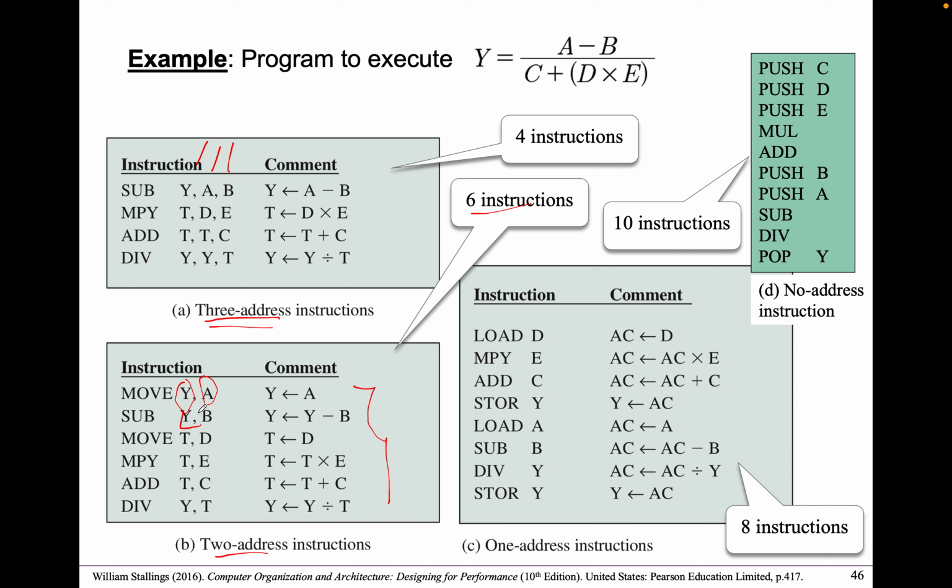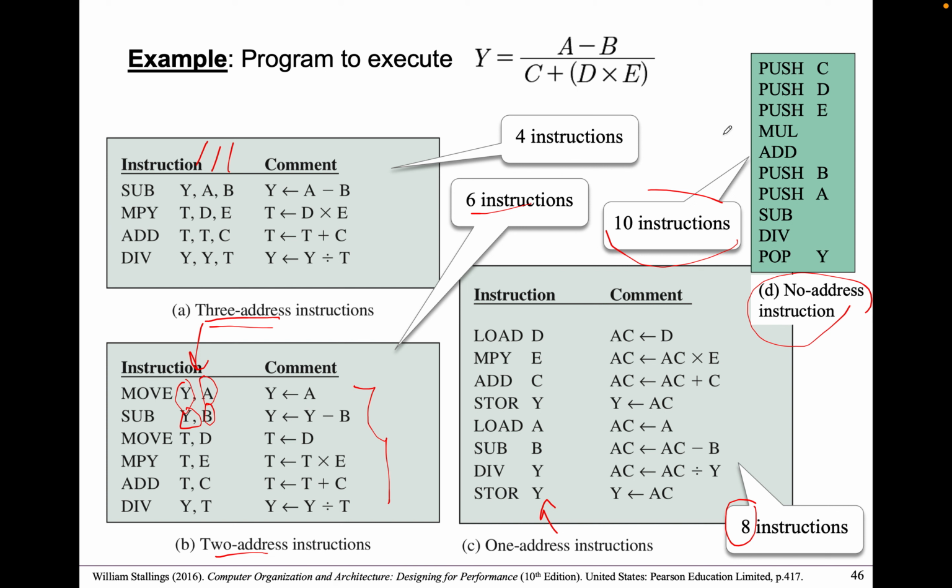This is all 2 addresses. And for 1 address you can see here, you're going to have 8 instructions. It's much longer. And lastly, sometimes you don't have any addresses, then you need 10 instructions there.